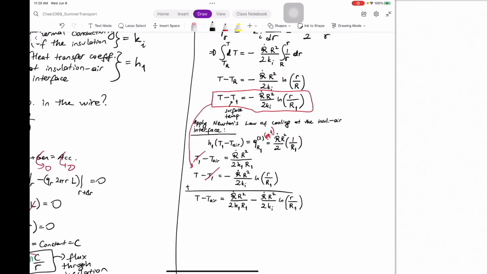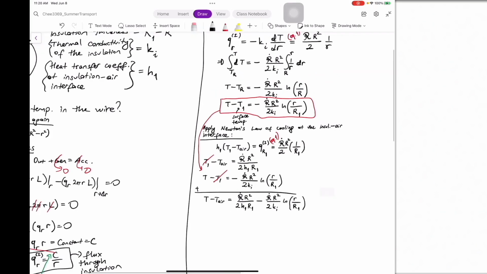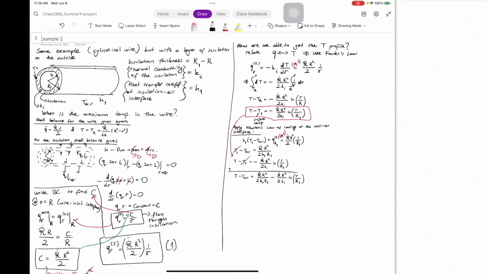Let's check the time. Okay, so we have time still. So what was the task? What were we gonna find? What is the maximum temperature in the wire? Right now, I'm curious about the temperature in the wire. So what is the connection? What is the boundary condition or the temperature at least that gives me an idea of the relation of the temperature between the wire and the temperature of the insulator. So I need to find out the interface that the wire and the insulator is connected to.